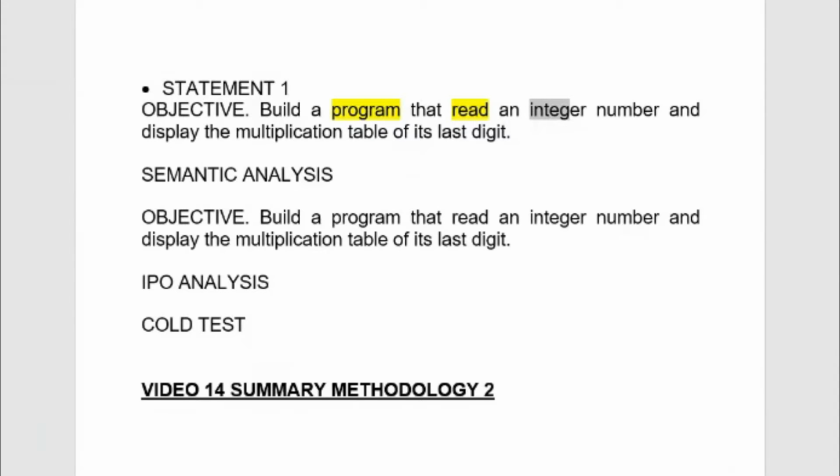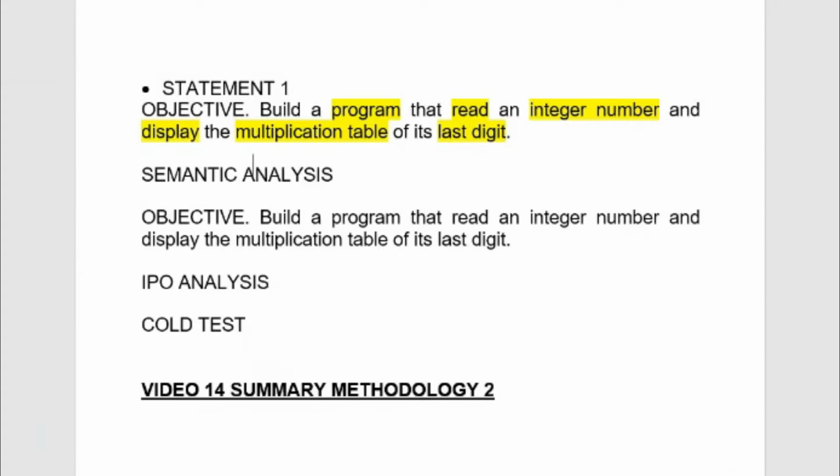Okay. Integer number. Do you know what is an integer number? Exactly what is that? Display. Display is very easy. But do you know what is display in the terms of computer programming? Multiplication table. Do you know what is a multiplication table? And the last digit. Do you know what is the last digit?